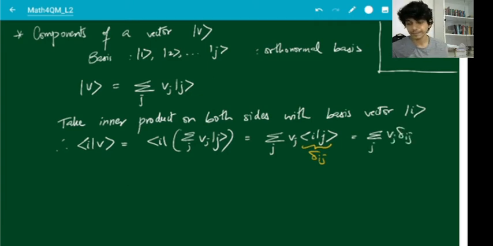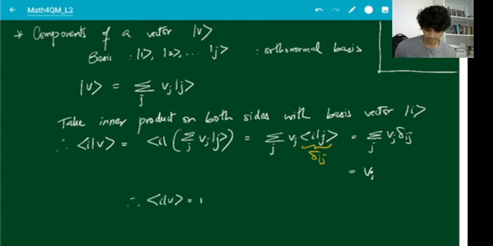Once again, I have the sum over j with delta ij, so it only pulls out the value of j which is equal to i. So this is vi. So therefore, you see, by taking the dot product or the inner product of vector v with the ith basis vector, you got the i component vi out.